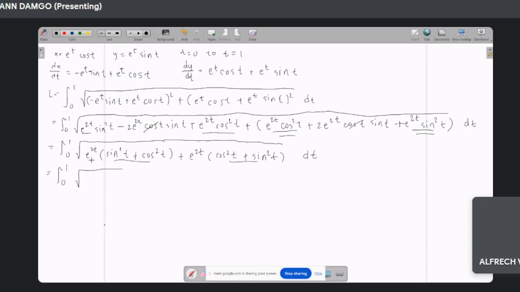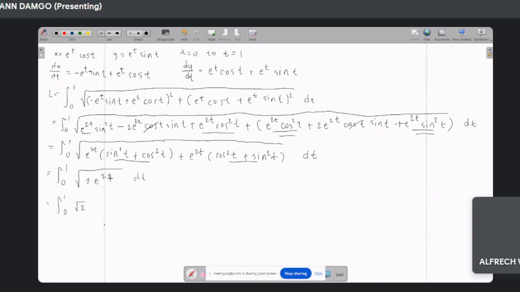So, ang mahabilin is e to the 2t plus e to the 2t, this is 2 e to the 2t dt. So, by the property of the square root, pwede na to siya i-write as square root of 2.